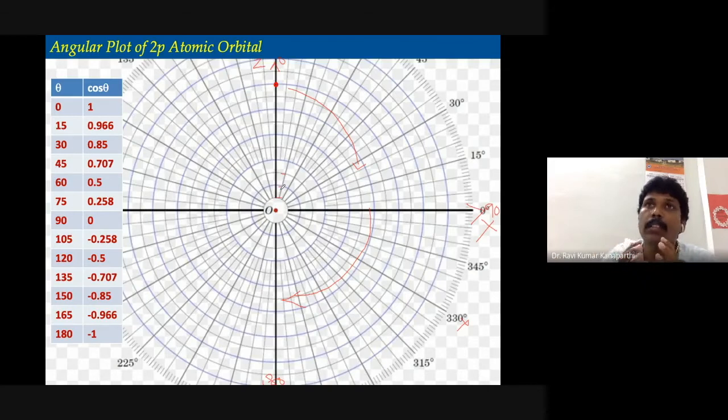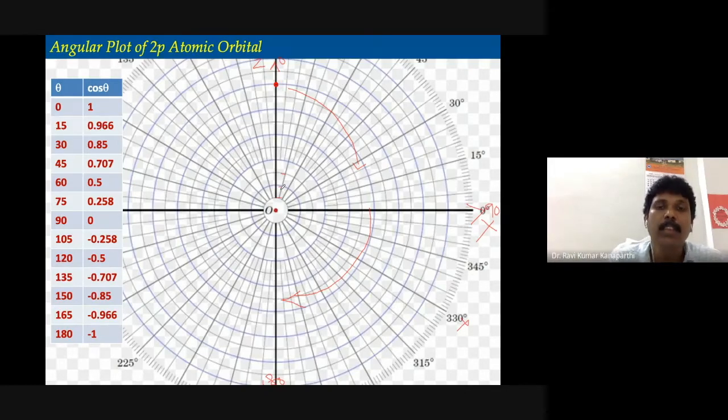You can correlate this with your graph sheet. On a graph sheet we have 1 centimeter, 1 centimeter, 1 centimeter, so you have different segments, and each segment is further divided into millimeter-type divisions.